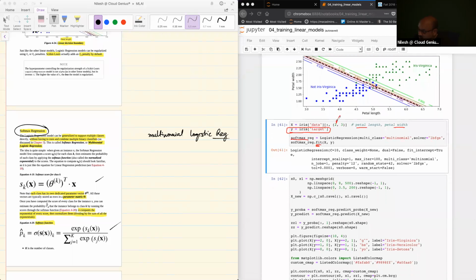So this indication of 2 and 3 is a subset of the data in X, storing only length and width for petal. And then we have the entire target for Y. This Y will contain a multinomial answer, A or B or C, 3 types of flowers, whether it is yes or no. And that's the softmax regression that we are running here.